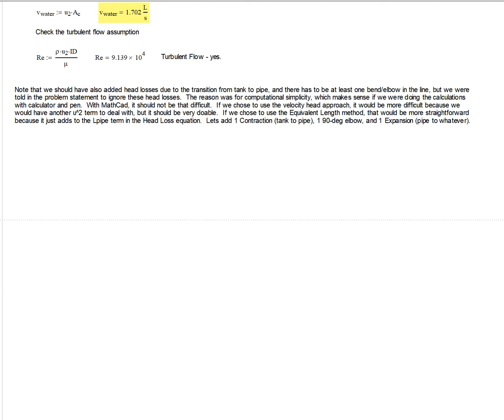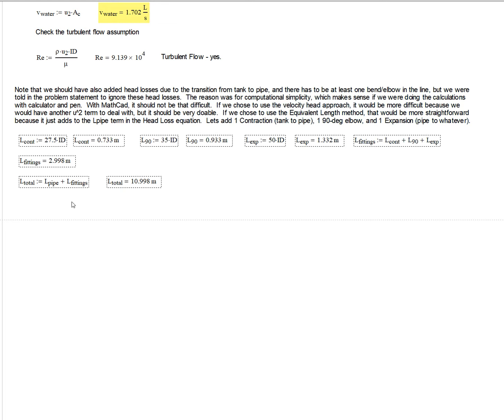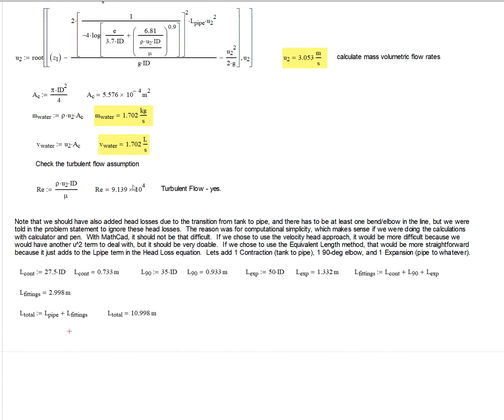So if we do that, we look up the values for the equivalent lengths for the constrictions, for the 90-degree bend, and for the expansion, and you see we get an equivalent length head loss of 2.998, or about 3 meters. We add that to our loss for the pipe, and you see we get about 10.9 or 11 meters.